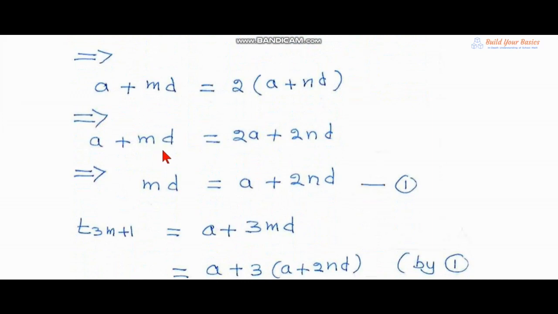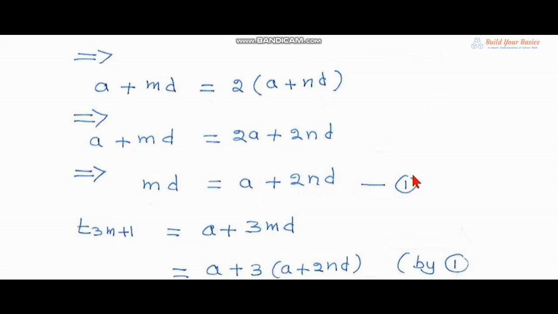So a plus md equal to 2a plus 2nd. That is md is equal to a plus 2nd. When this a is brought here, 2a minus a, it becomes a.